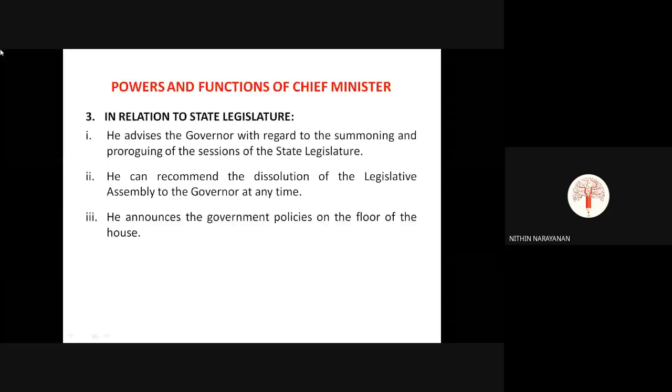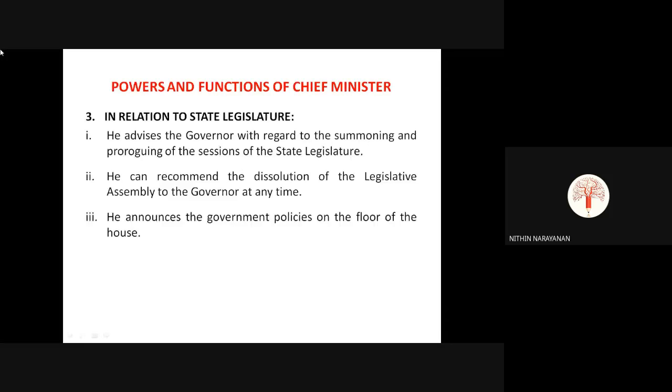He is the one who has to advise the governor in regard to proroguing the sessions, summoning the session, or dissolution of the state legislative assembly. The chief minister can recommend the dissolution of the legislative assembly to the governor at any time.